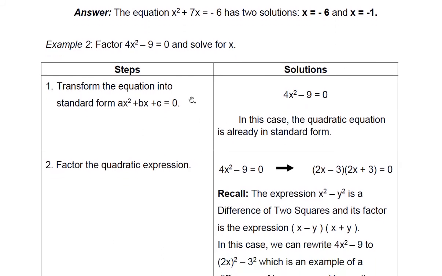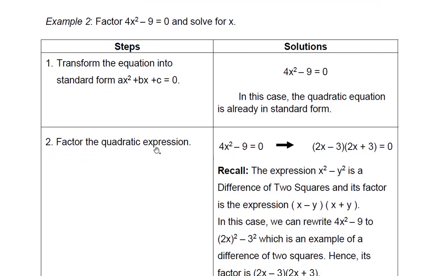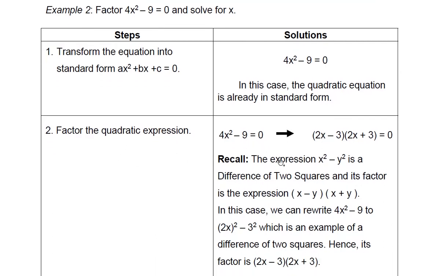Next, here, example number 2, factor 4x squared minus 9 equals 0. So first step, transform the equation in standard form. In this case, this is already in standard form. So factor the quadratic expression.